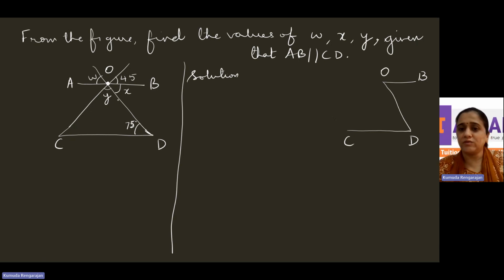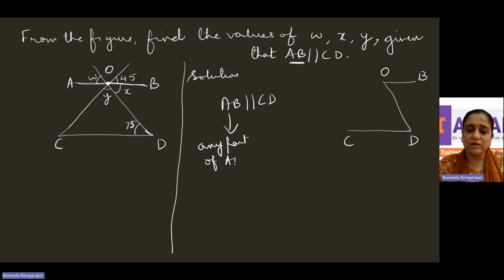Now, OB is a part of AB, right? See the figure. This is AB, and OB is a portion of AB. If AB is parallel to CD, any part of AB will be parallel to any part of CD.